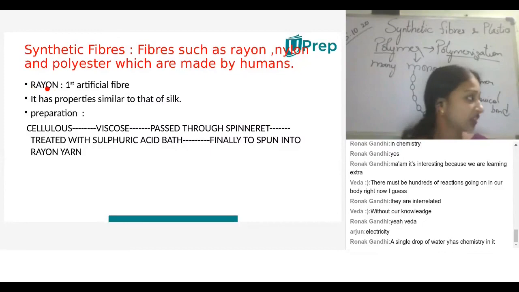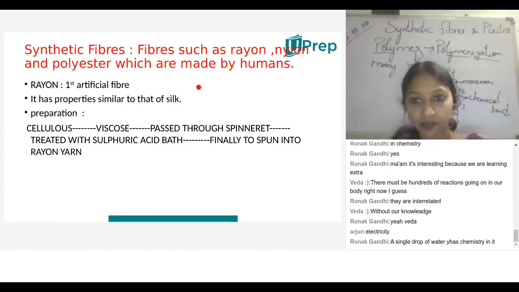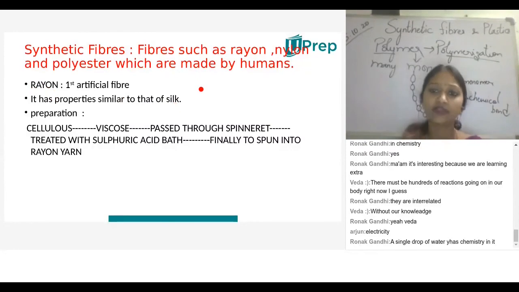Understood? It has properties similar to that of silk. Every common man cannot afford pure silk, so definitely they'll go for the imitation. Rayon completely resembles silk. That's why it is called artificial silk.